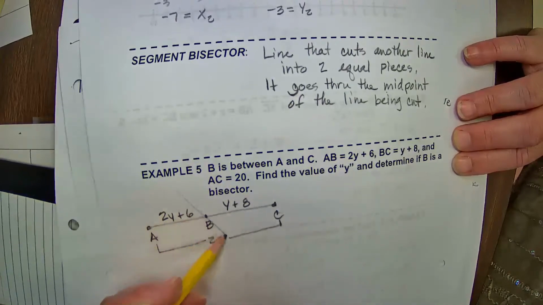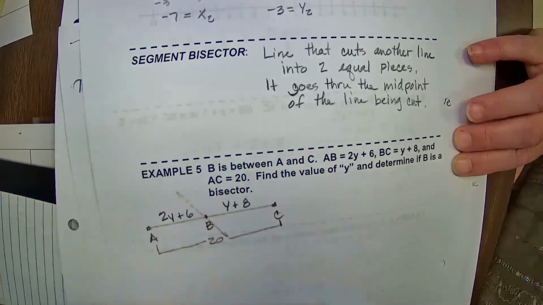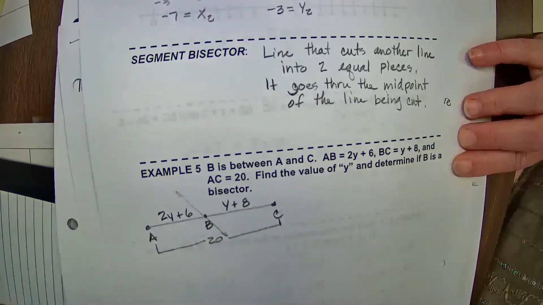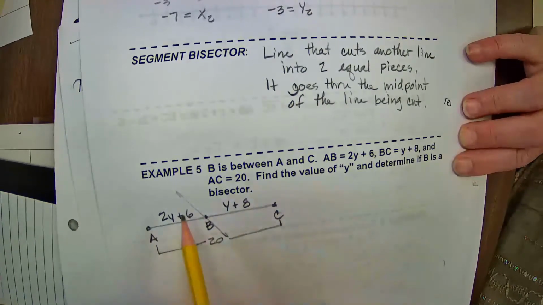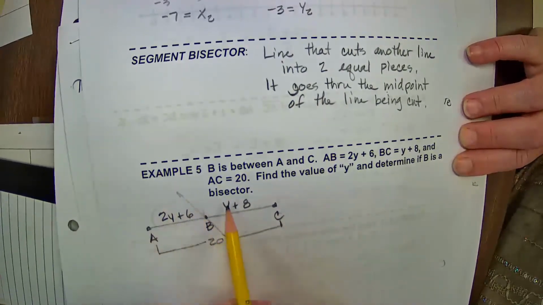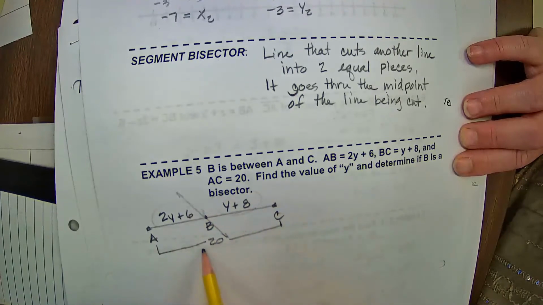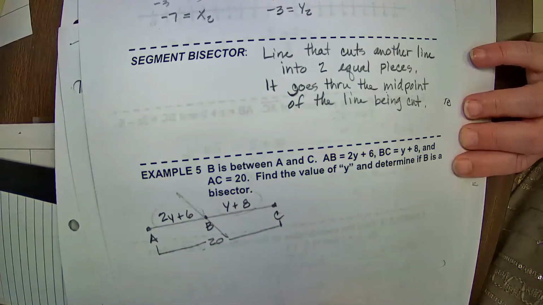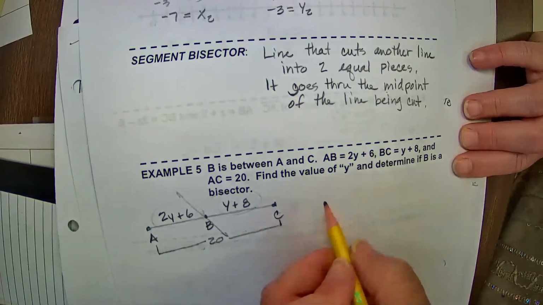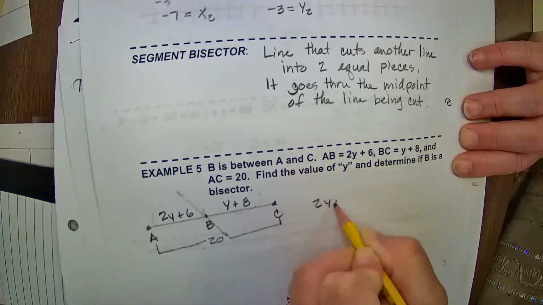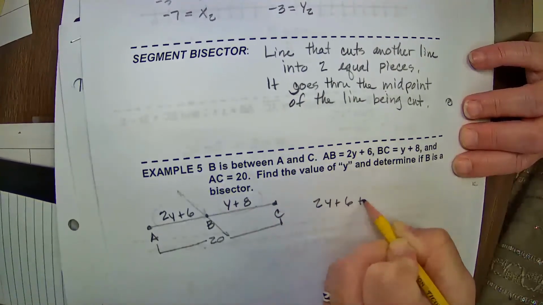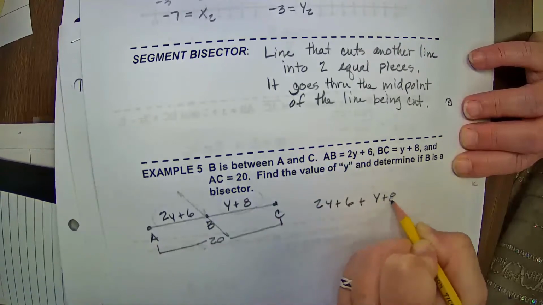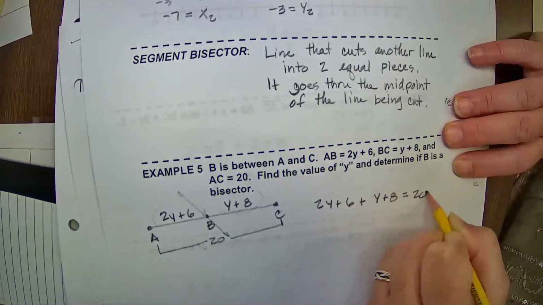Well, there should be a line going through B. Okay, but that's all right. So, what can I do with this piece and this piece to get to 20? What do I have to do to them? Add them. Yeah. 2y plus 6 plus y plus 8 equals 20.